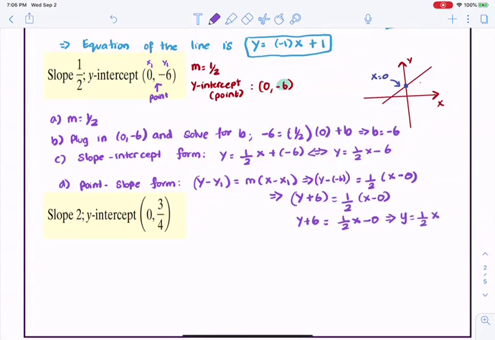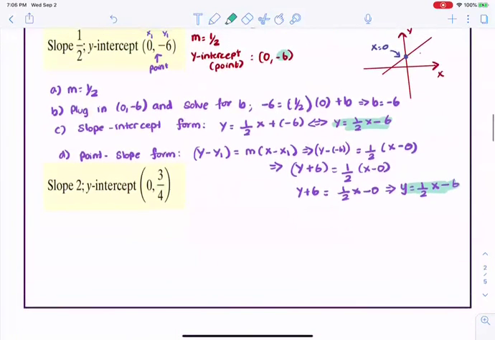Positive 6 would now become negative 6, which is the same answer as the one we had earlier. So whether it is a point slope form or a slope intercept form, it really doesn't matter. They represent the same equation, but we can always convert the point slope form to a slope intercept form.